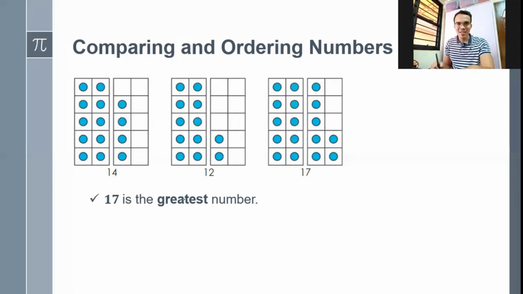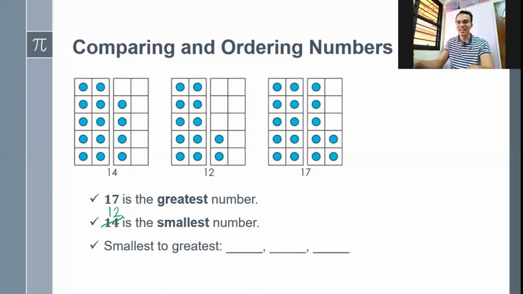Which do you think is the smallest number? If your answer is 12, congratulations. 12 is the smallest number, not 14. I'm sorry about this. And if we're going to arrange these numbers from smallest to greatest, we're going to start with the smallest, and the smallest is 12, followed by 14, and the greatest is 17.